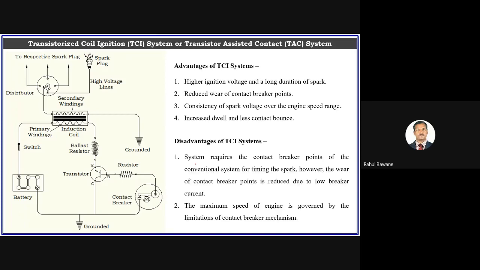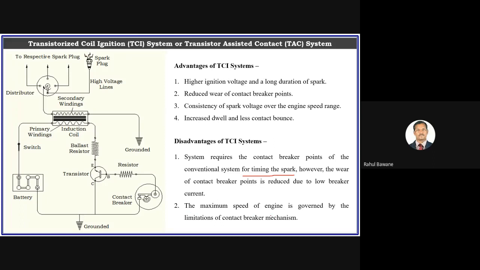Then the disadvantages of this TCR system or TAC system: the system requires the contact breaker point of the conventional system for timing of spark. However, the wear of the contact breaker point is reduced due to the low breaker current, but still there will be a chance of spark, there will be a chance of pitting, and due to that, we have to replace our contact breaker point at frequent times.